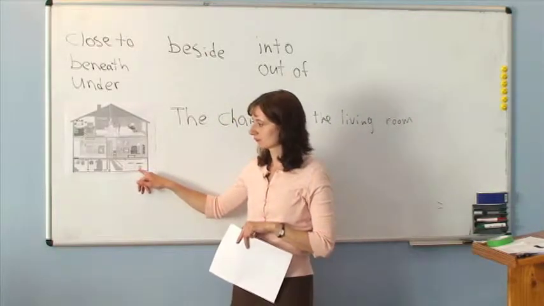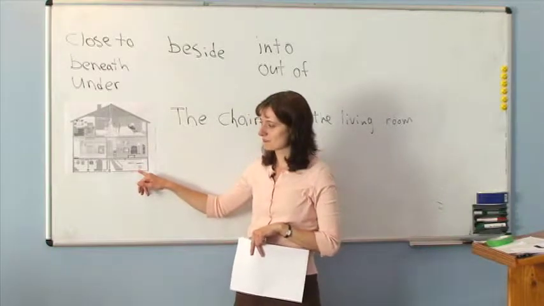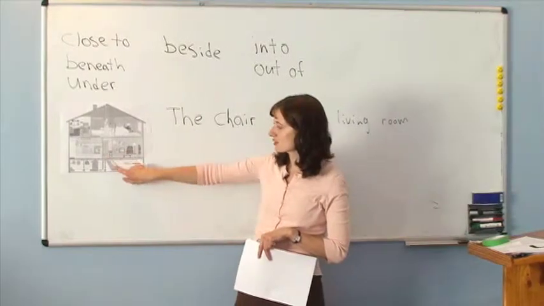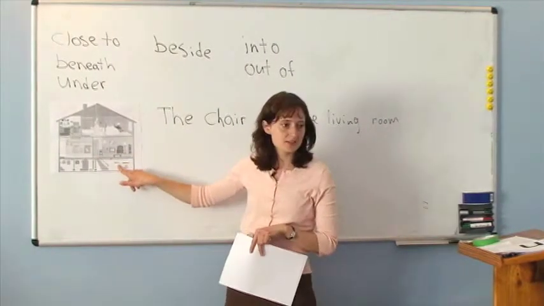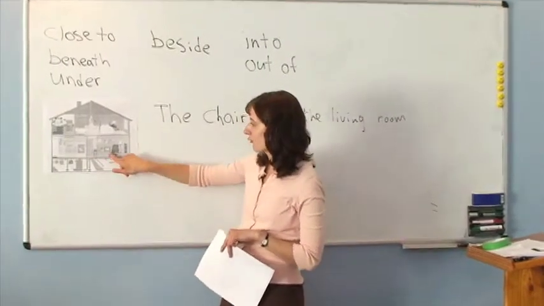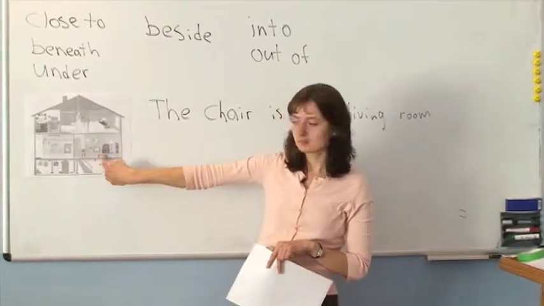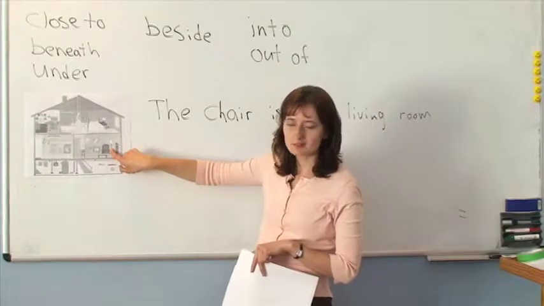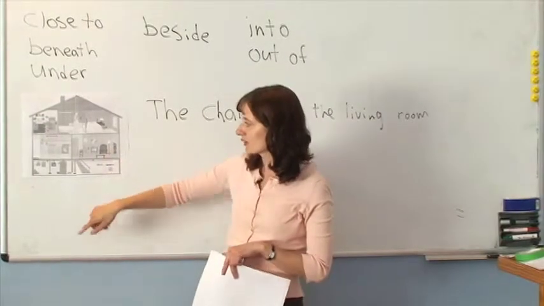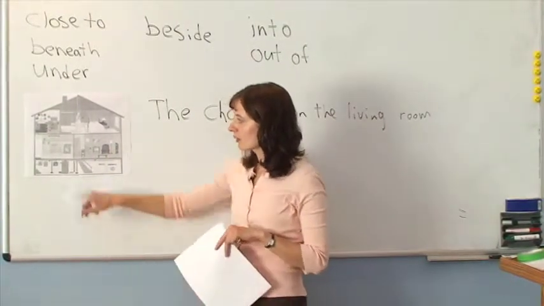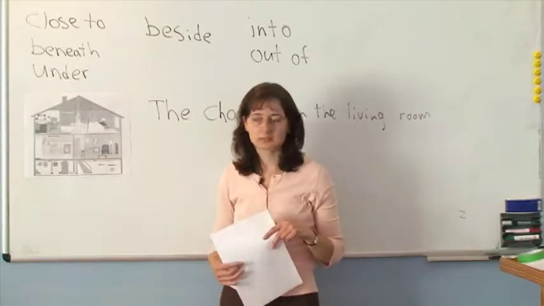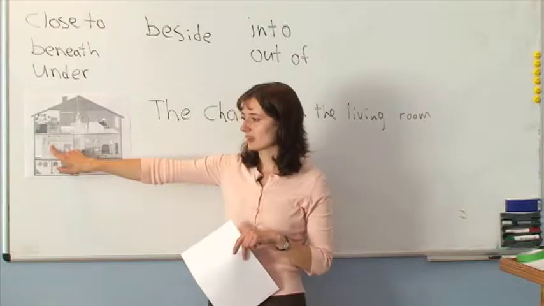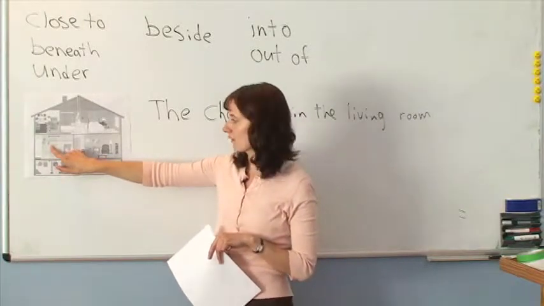The washing machine is downstairs in the basement. Or you could say the washing machine is below the, what's this room? Your living room. Right. What about the sink? Where's the sink? In the kitchen, and it's on the counter. The sink is in the kitchen, on the counter.